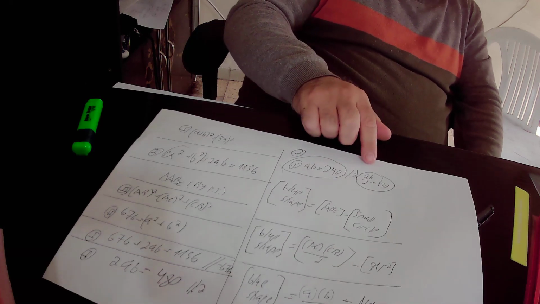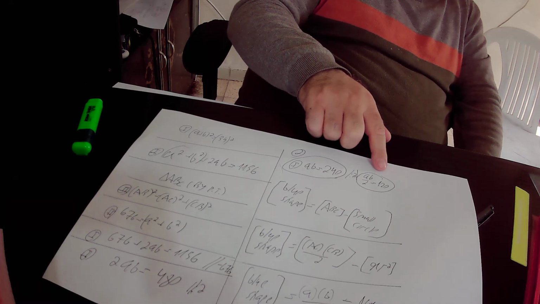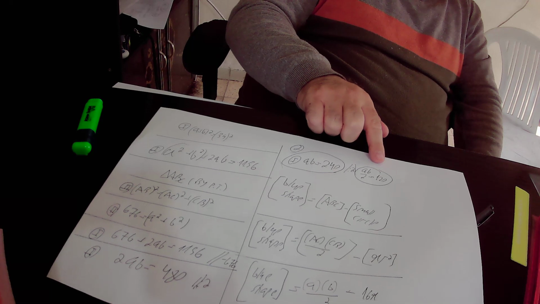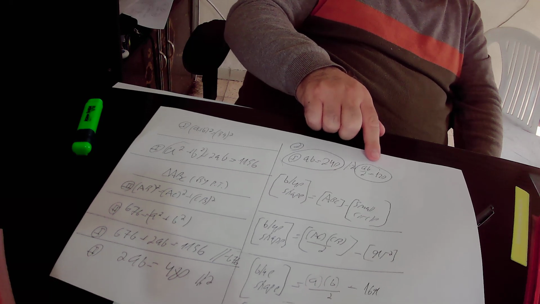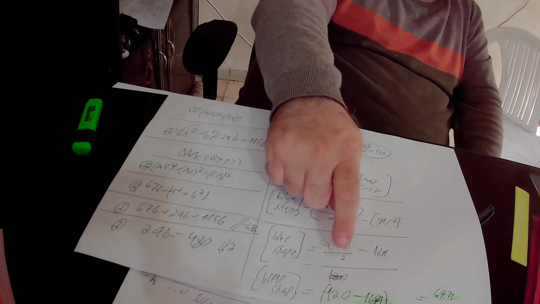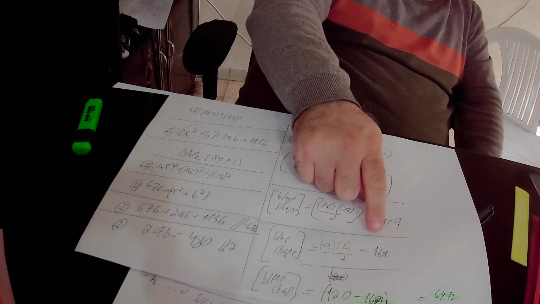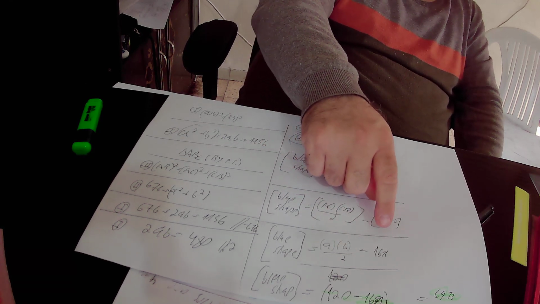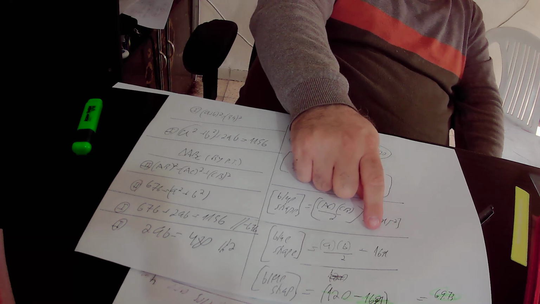And we already found out that A times B over 2 is 120. So we can substitute AB over 2 by 120, and we got that the area is 120 minus the area of the small circle, that is pi r squared.